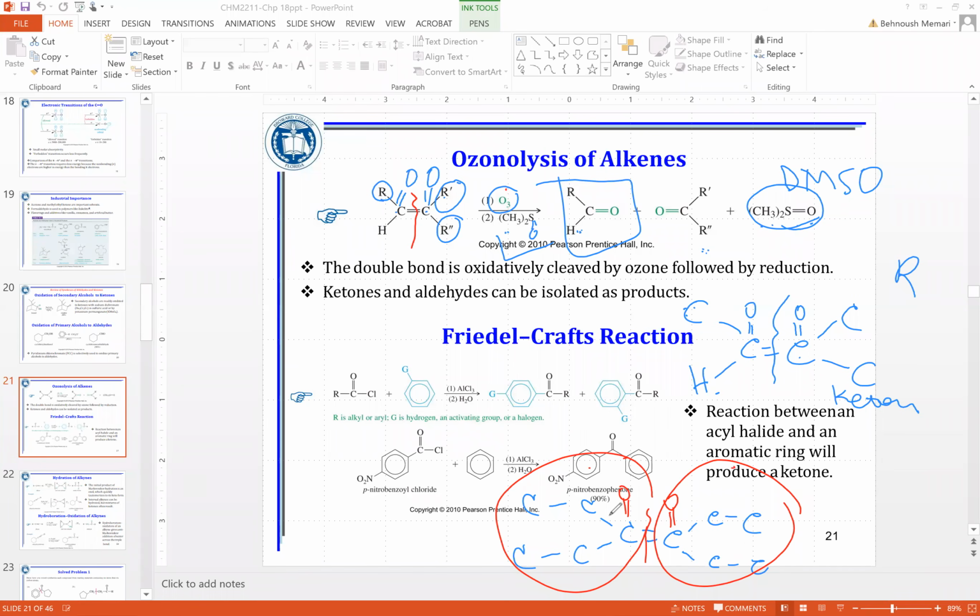So this is one of the best ways to prepare ketone, because it's a symmetrical alkene, and both of these are the same. So per molecule of alkene, you get 2 molecules of ketone, and you don't have impurities. But when you get a mixture of ketone and aldehyde, then you will have to worry about the next step.